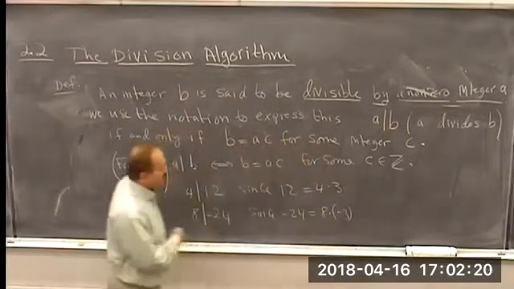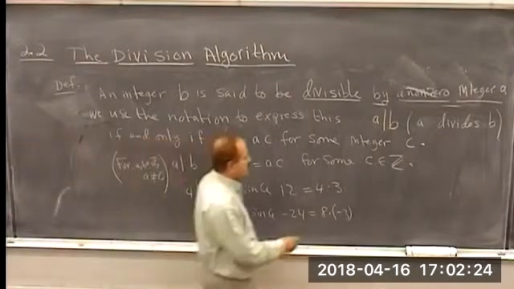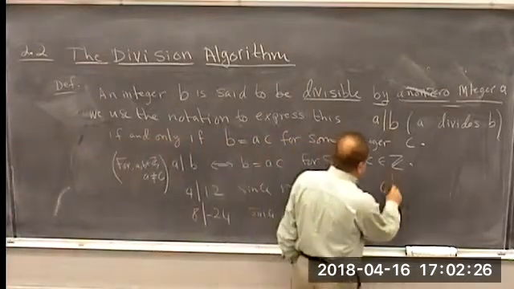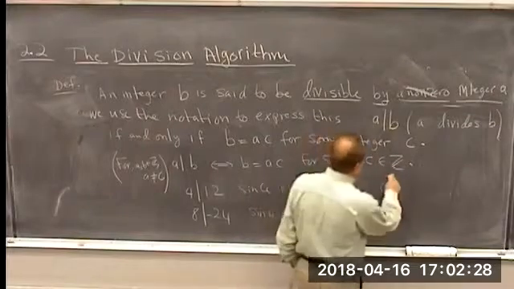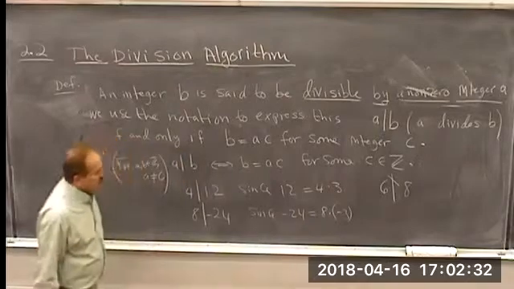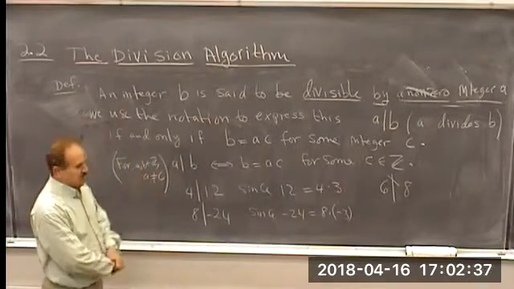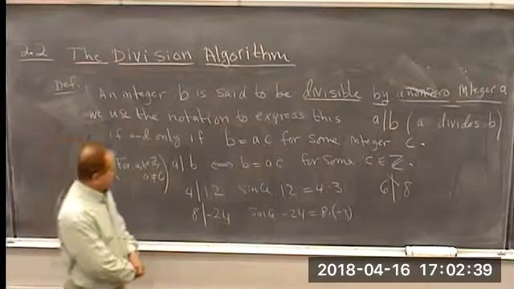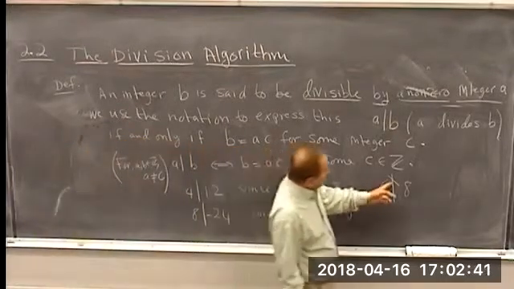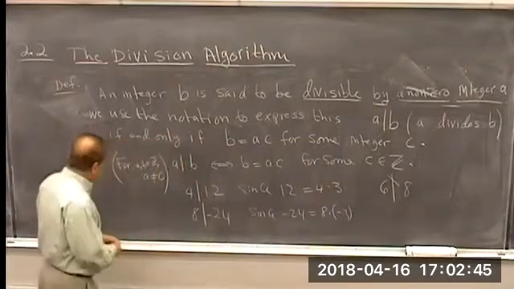So we allow positive, negative, and so on. On the other hand, 6 does not divide 8, because you cannot express 8 as a multiple of 6. This is what we say when the relation is not satisfied.